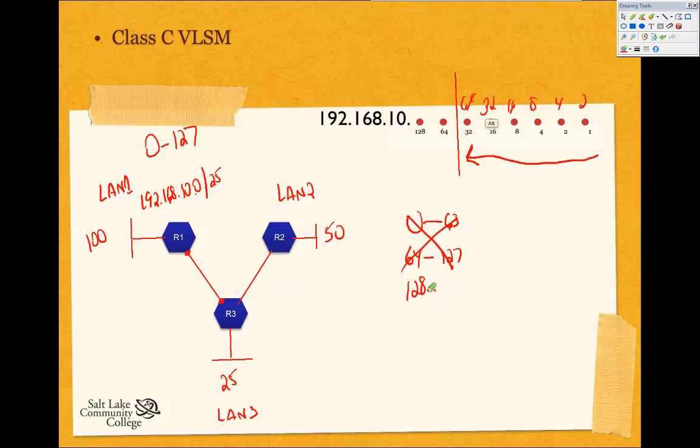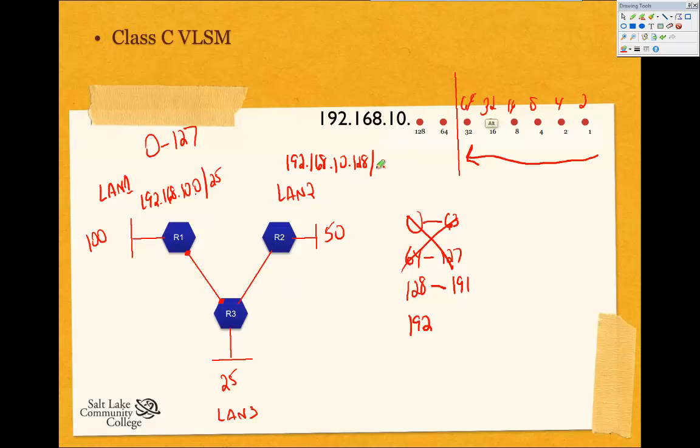So we have to start from this point, from the 128 network, and go in increments of 64, which would make it 192. So we can use this range, 128 to 191, to address LAN 2. And that's what we're going to do. We're going to assign the number 192.168.10.128 with a mask of what?